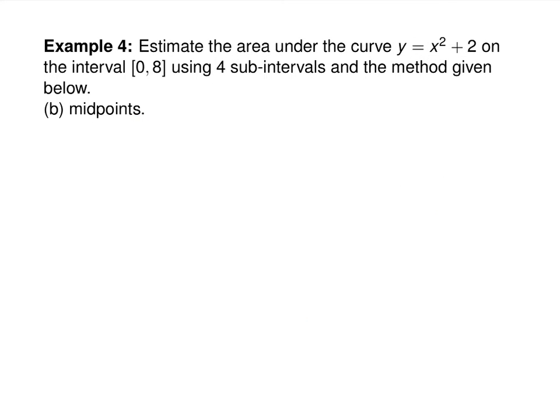Okay. What about midpoints? So take that same picture. We have our parabola up to 8, 4, 2, 6. So when you do left endpoints, you plug in the number on the left. When you do right endpoints, you plug in the number on the right.